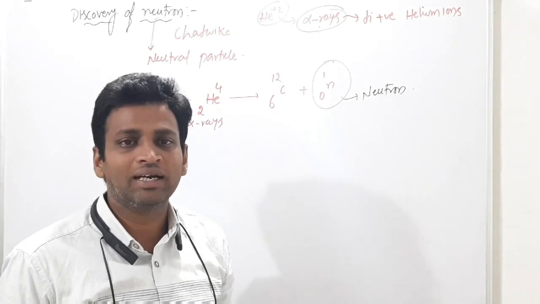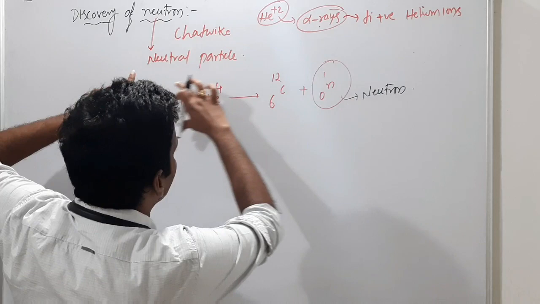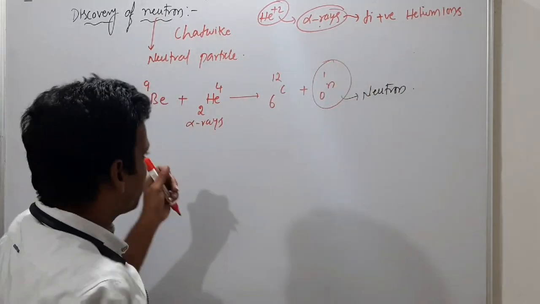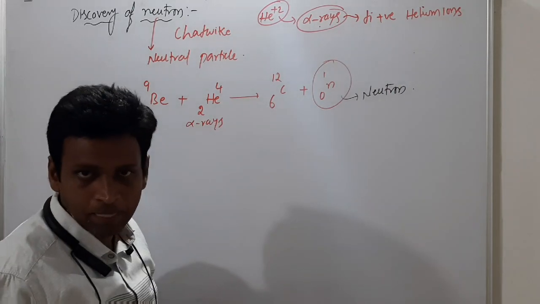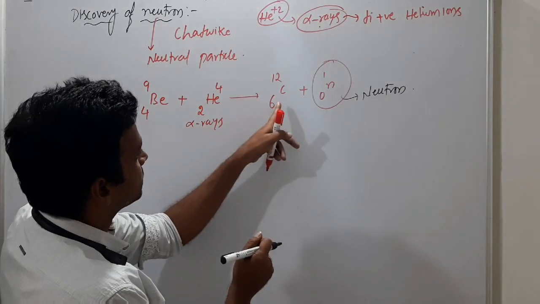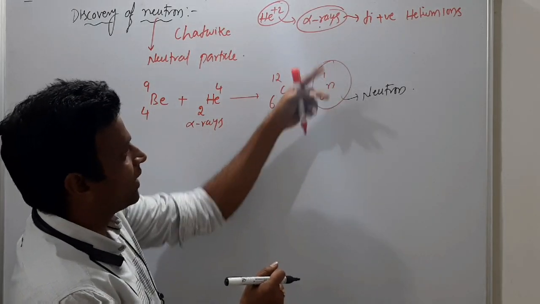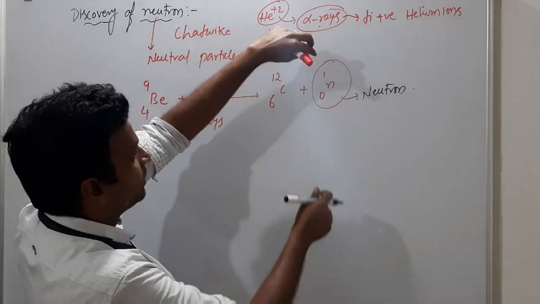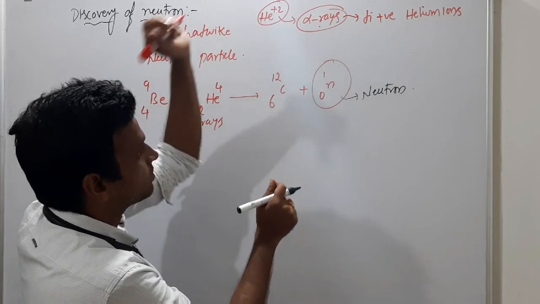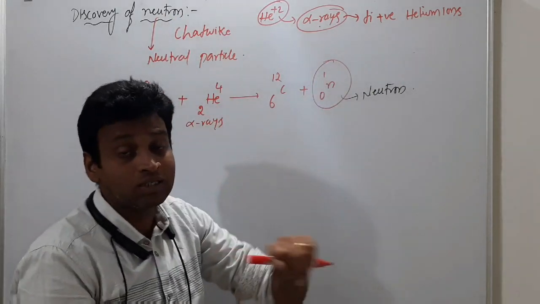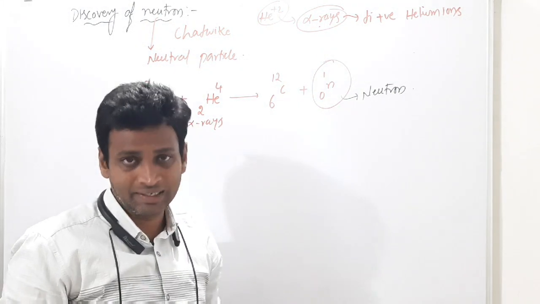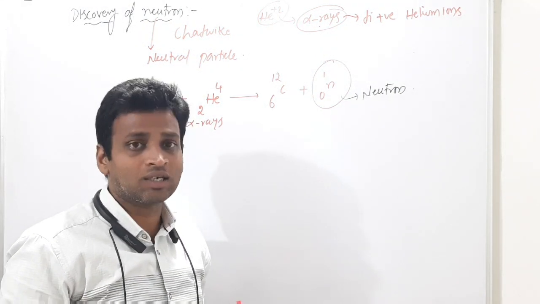Suppose he did this in a vessel or tube. So he bombarded beryllium with helium, that is, alpha rays, dipositive helium. Then he observed 6C12 and 0N1, carbon formation and neutron formation. Carbon formation means that, with the remaining one mass, some other particle was ejected. Who is that other particle?